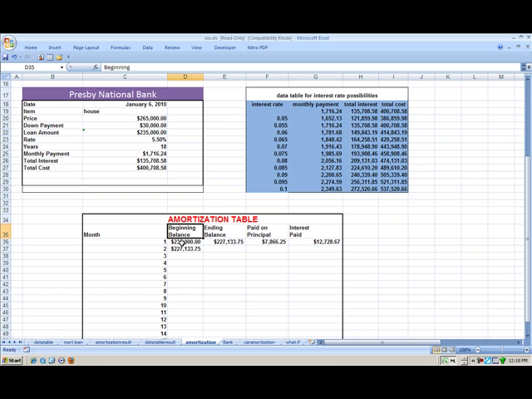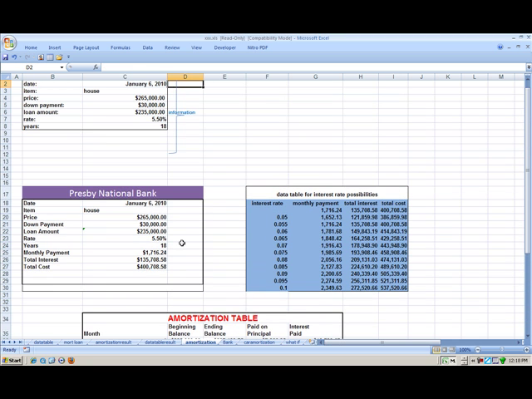After we do that, the beginning balance, which you see over here, is nothing more than the amount in cell C6. What is cell C6? Let's take a look. That's what we put in, since that's the amount. Let's go back down.